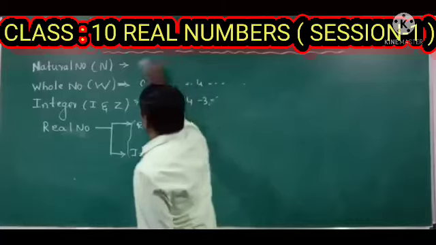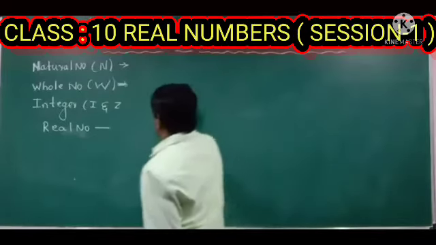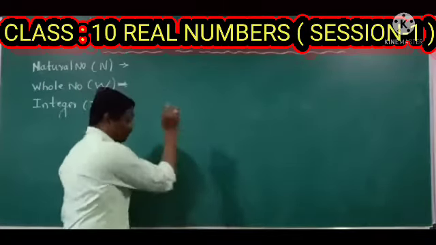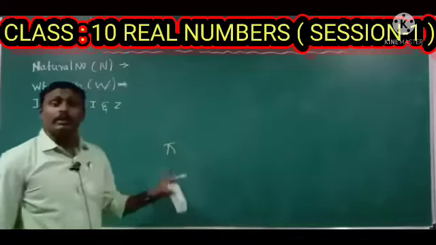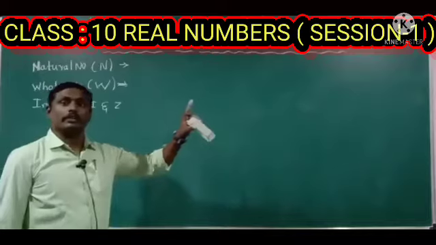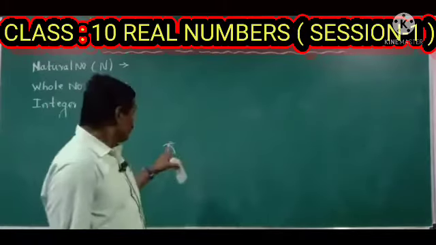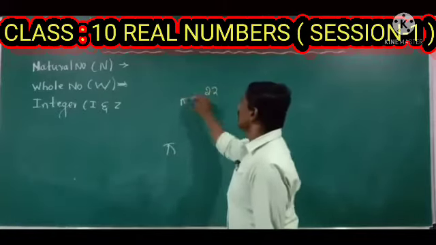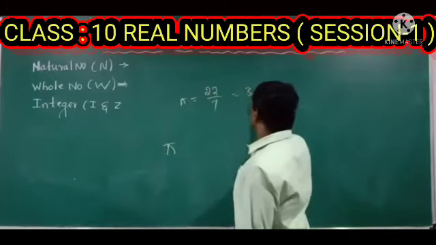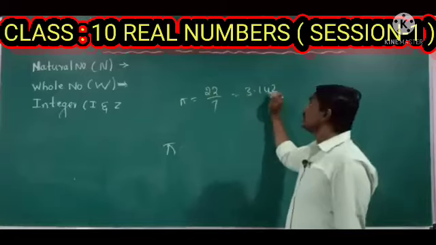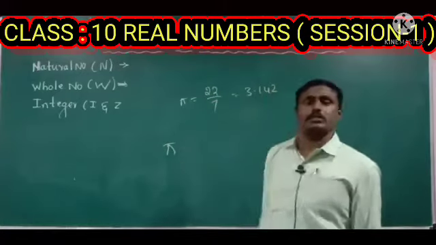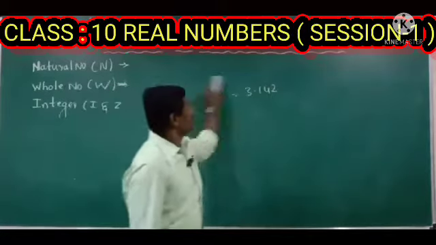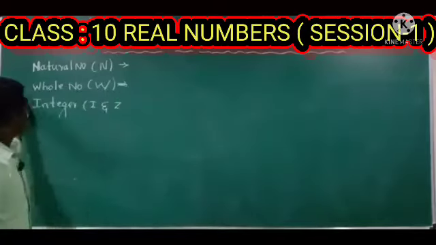Archimedes is also a famous scientist, and later he found the value of pi. One more Indian mathematician, Ramanujam, also worked on the value of pi. As we know, pi is 22 by 7 and its value is 3.142. He calculated the decimal points up to millions, right? So this is the history of rational numbers and irrational numbers.